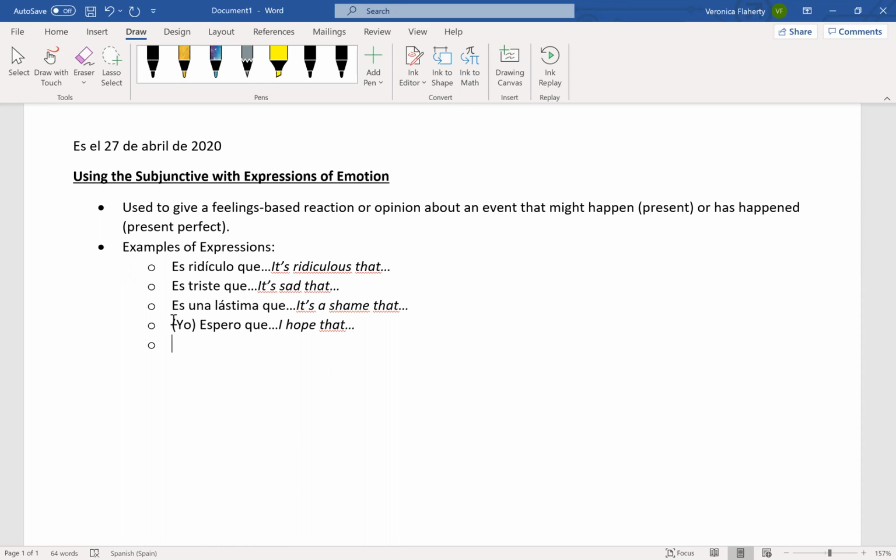And then we have me alegro de que. Any guesses on that one? We should know the word alegre. In Italian, allegro, like music, it does mean like pick it up, make it faster. But allegro means like happy. So this can be I'm happy that, or it makes me happy that.